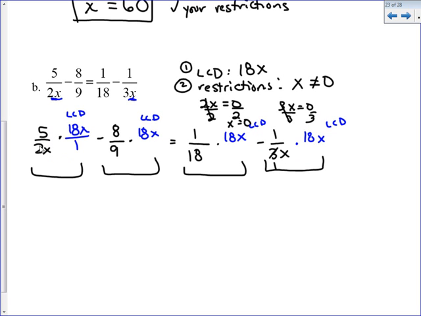So in this first fraction here, what's canceling? 2 and 18, so 2 into 2 once, 2 into 18 9 times, and what else? The x's. That's why I have to include the x in my LCD, so those cancel. So I have 5 times 9, 45, and then my denominator is 1, so I don't need to include it.